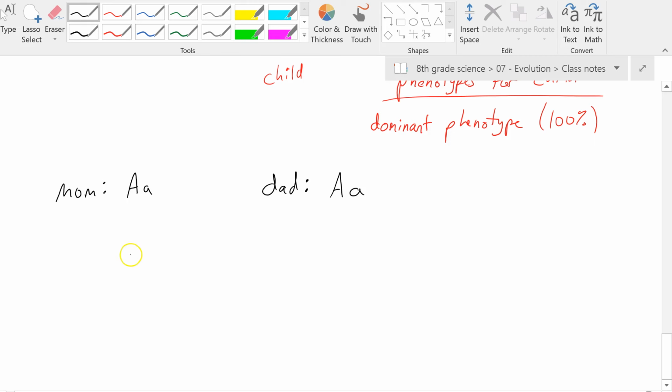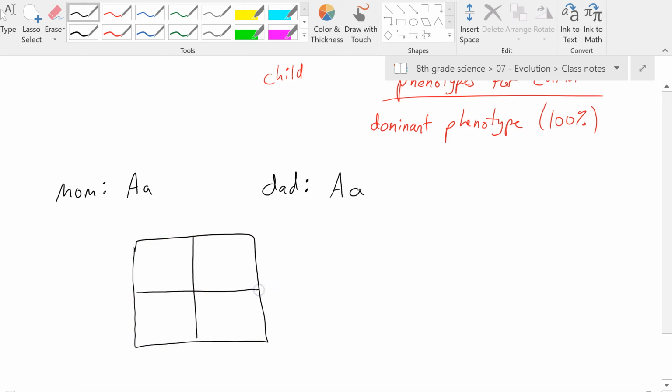So our Punnett square, get our square and divide it into 4. We're going to have dad up here, big A, little a, and mom over here, big A, little a. And then we'll fill in the information for the child. So in this square, we have a big A from dad, a big A from mom.